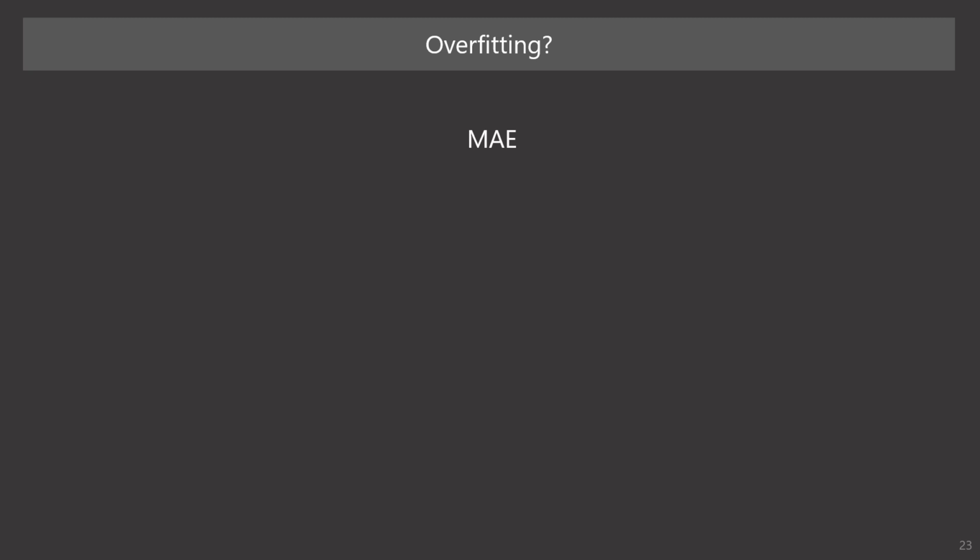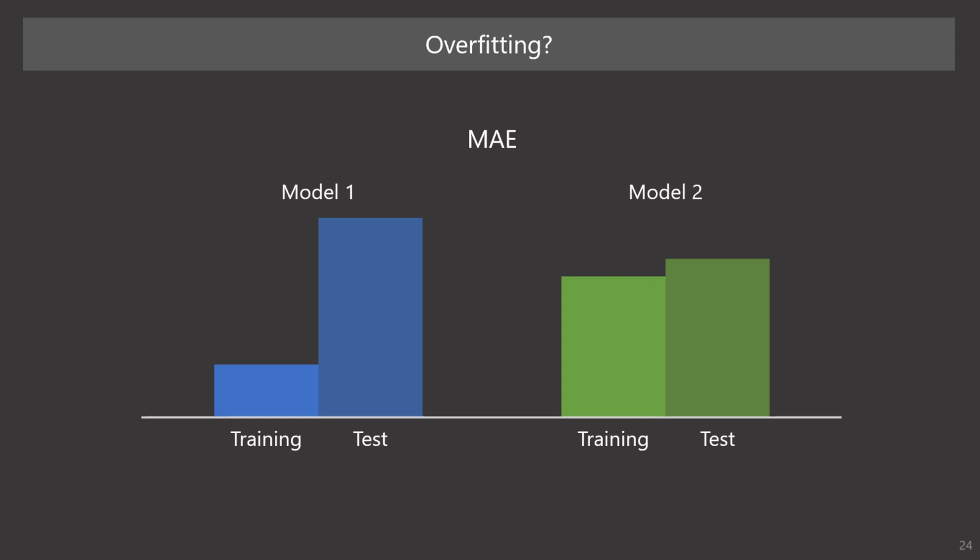Let's consider a case where we evaluate a regression model by MAE. The smaller the MAE is, the better the model is. Here, we have two regression models. Which is the better one? Model 1 performs very well for the training data, but poorly for the test data.